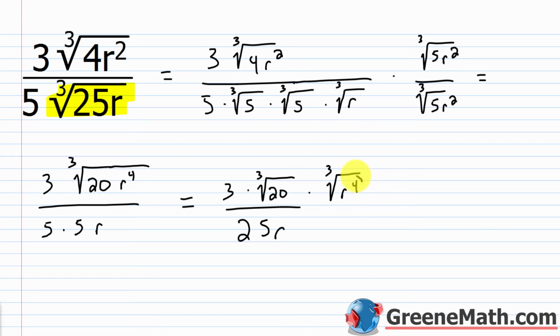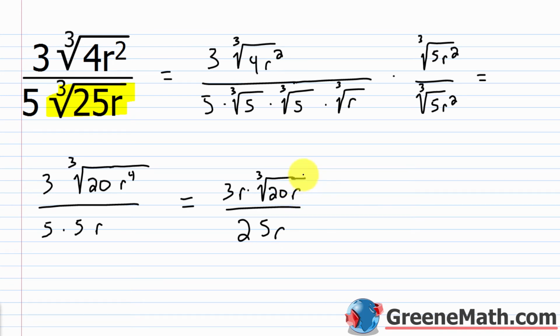Again, if the exponent here is the same or greater than the index, you can simplify. You could split this up into the cube root of r cubed multiplied by the cube root of r. This right here is just r, so I could put an r there. And then I can get rid of this, and then this r can go underneath here.